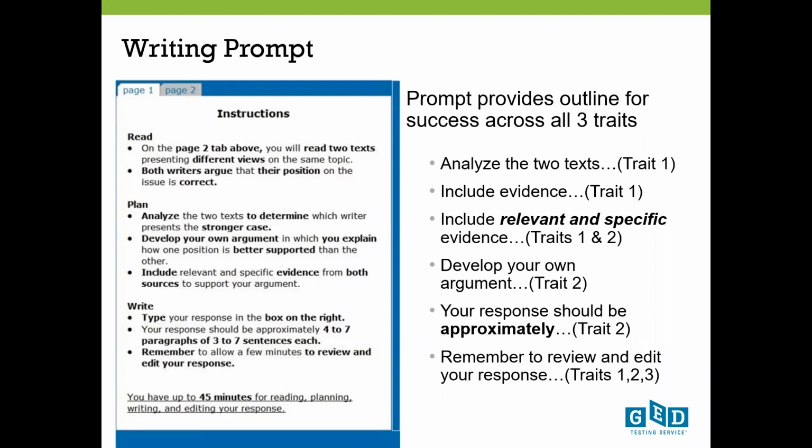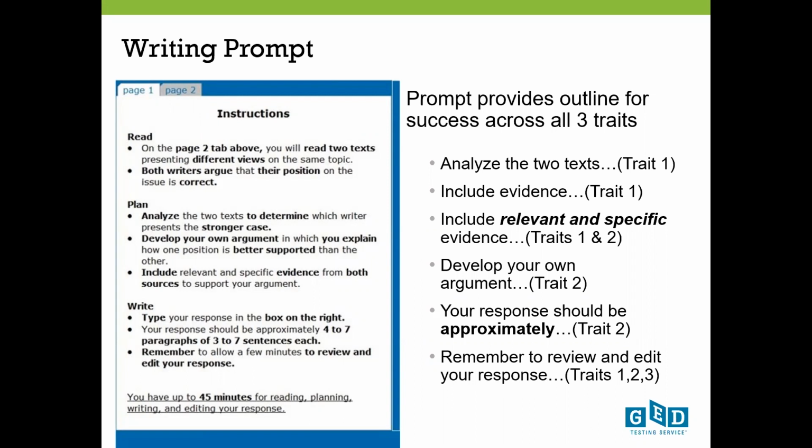And then below that, it says your response should be approximately 4 to 7 paragraphs of 3 to 7 sentences each. Now, I want to point out that this is just a guide, and it is not a formula that students have to stick with. Most of us know that our confident writers or strong writers are really going to understand that, and they'll be able to develop their own arguments using different strategies and different lengths and different numbers of paragraphs.